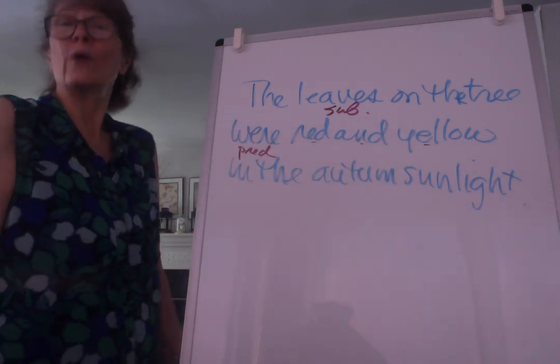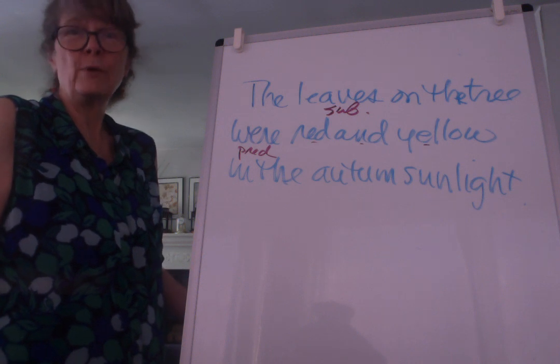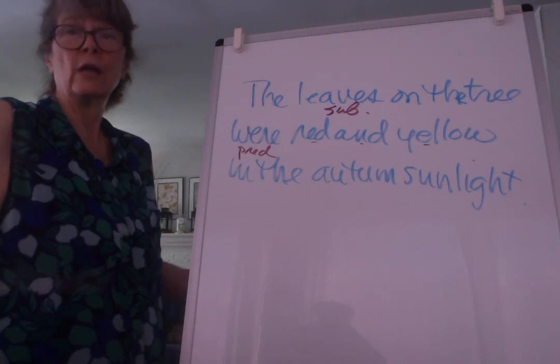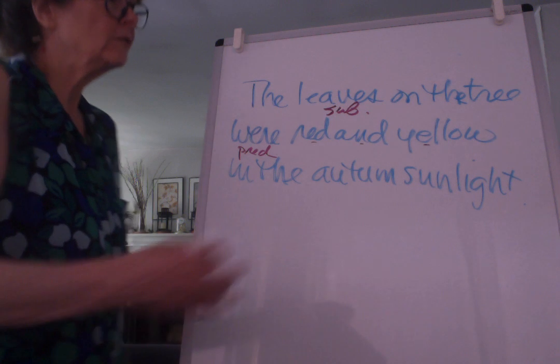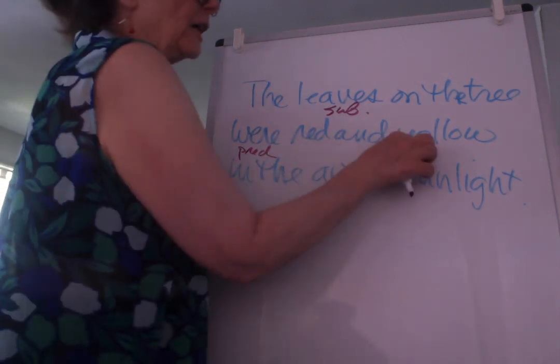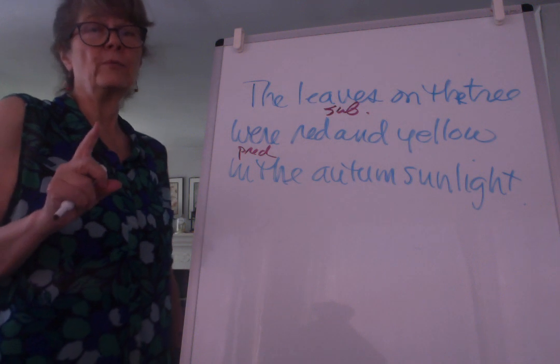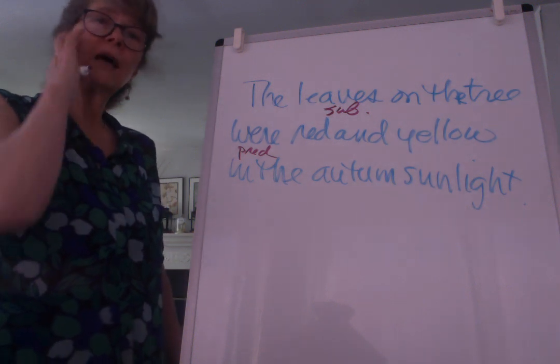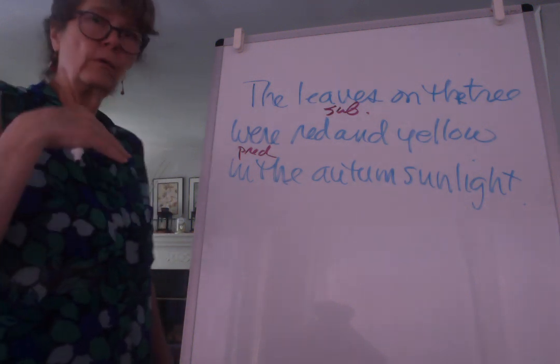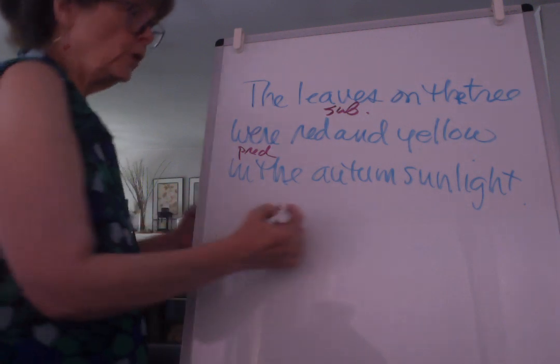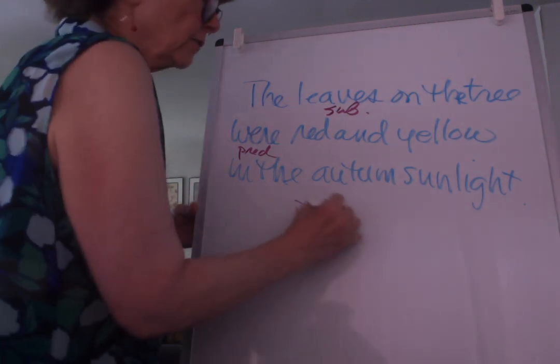No, red and yellow are adjectives, right? They're describing words. The leaves were red, the leaves were yellow. The red leaves, the yellow leaves. So this failed the first test to figure out whether it's a direct object. Now, this allows us to introduce our new term, which is predicate adjective.